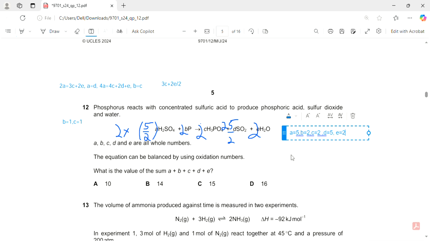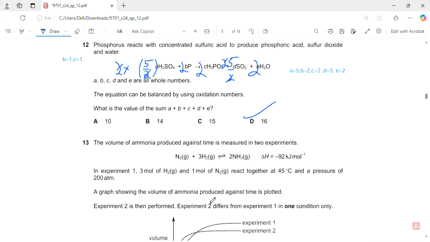So can we add together? 5 plus 2 is 7, plus 2 is 9, and plus 5 is 14, and it's 16. So we will get 16 after you remove this and this and this. So 16 is the right answer. So move to the next part.